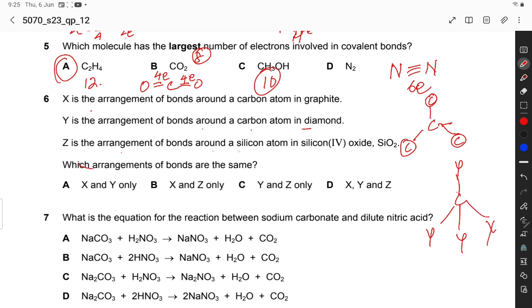Z is the arrangement of bonds around a silicon atom in silicon(IV) oxide, SiO2. Which arrangements of bonds are the same?